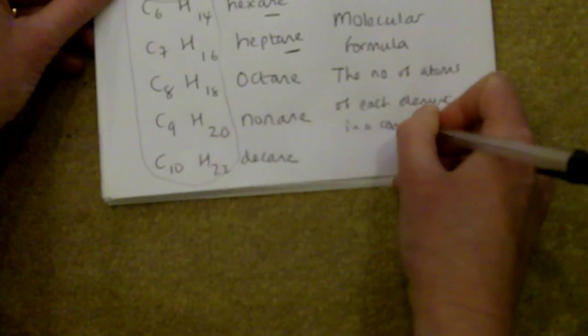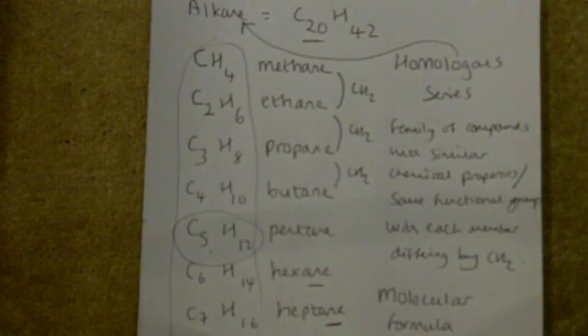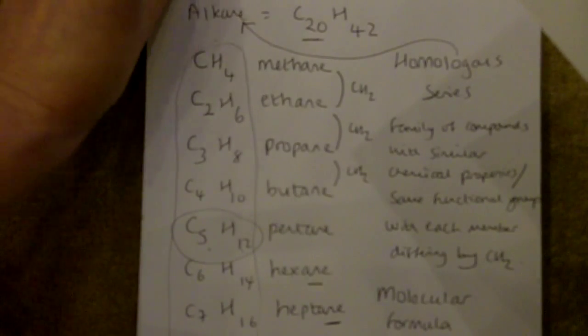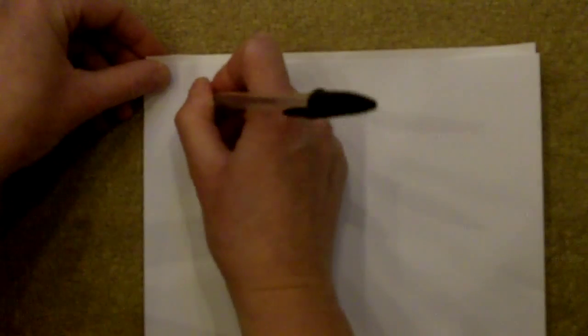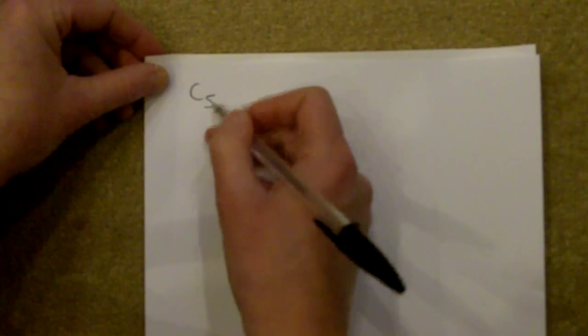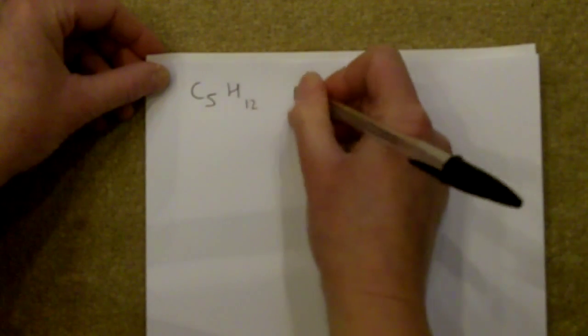Now if we take, for example, pentane, pentane is C5, 5 times 2 is 10, 10 plus 2 is 12.